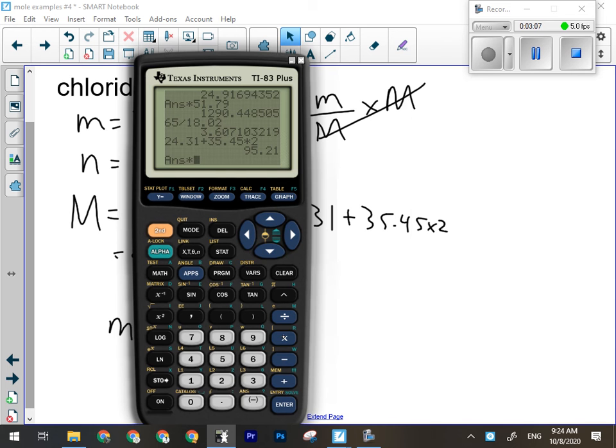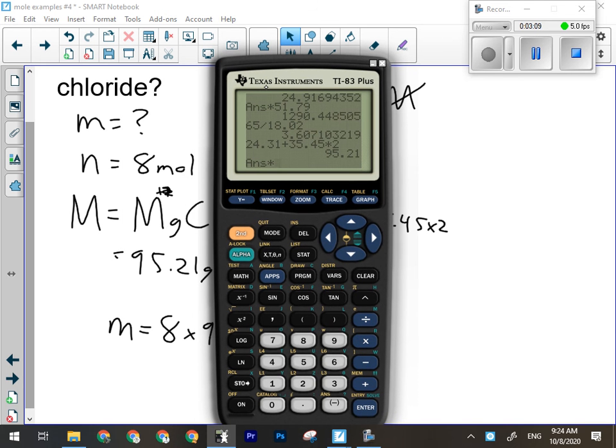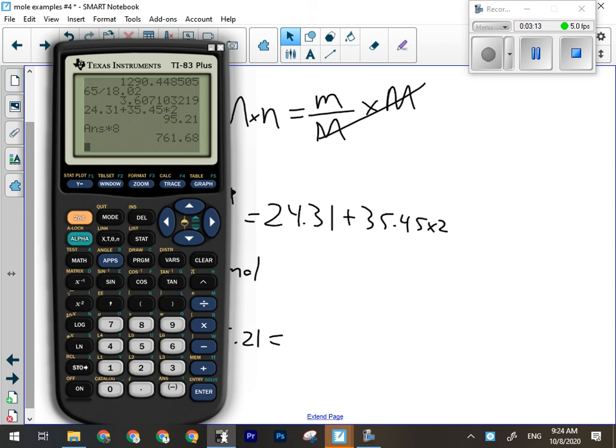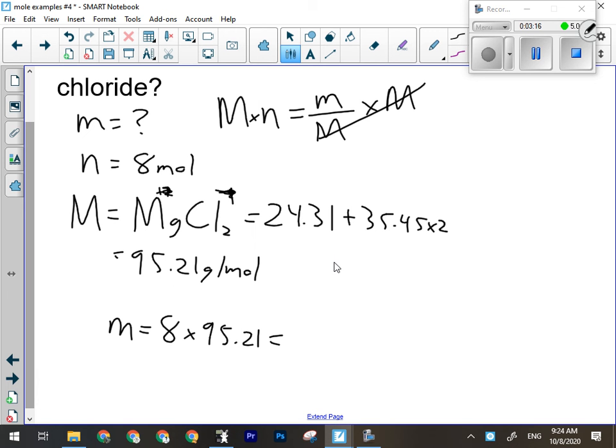It's 8, right? All right, so we're looking at 761.68. What are my units? Grams, right, so it's looking for mass.